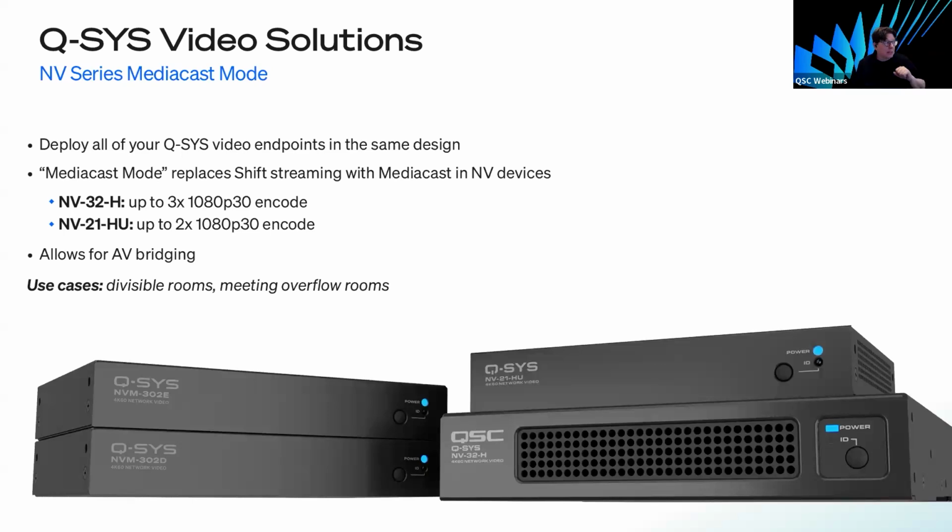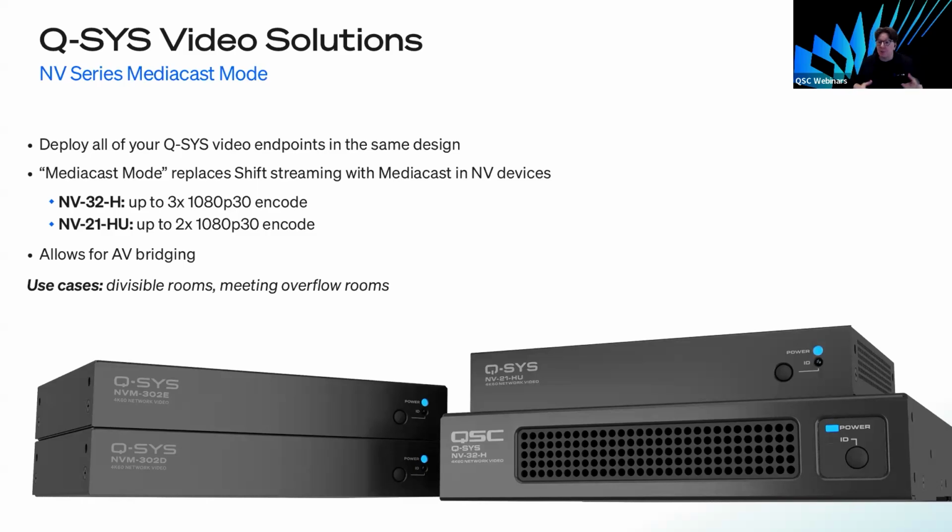So if they go into MediaCast mode, you can actually make an NV21 a MediaCast encoder, or an NV32 a MediaCast encoder. There is one slight difference, which is that the only resolution that's available for that is 1080p 30.